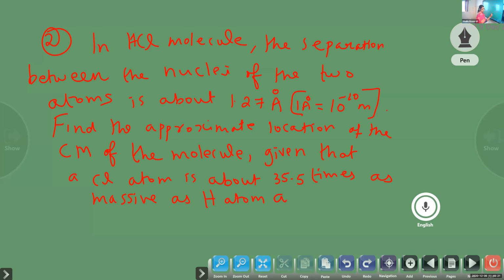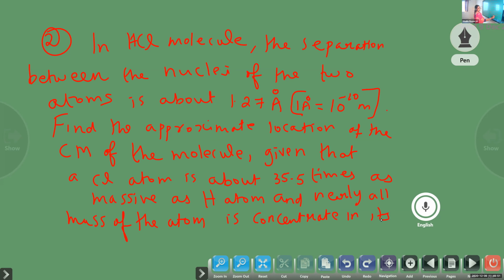And one more condition, according to Bohr's atomic model, nearly all mass of the atom, you have learned in 10th standard chemistry, Bohr's atomic model, is concentrated in its nucleus. Rutherford and Bohr's.